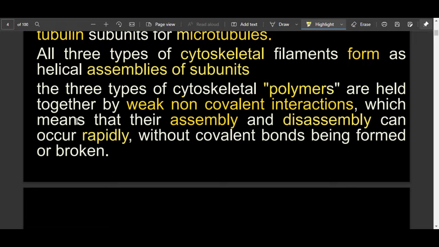Why? Because of weak non-covalent interactions. Since it is not a covalent bond, it can be formed or broken easily. Weak non-covalent interactions hold the polymer together.